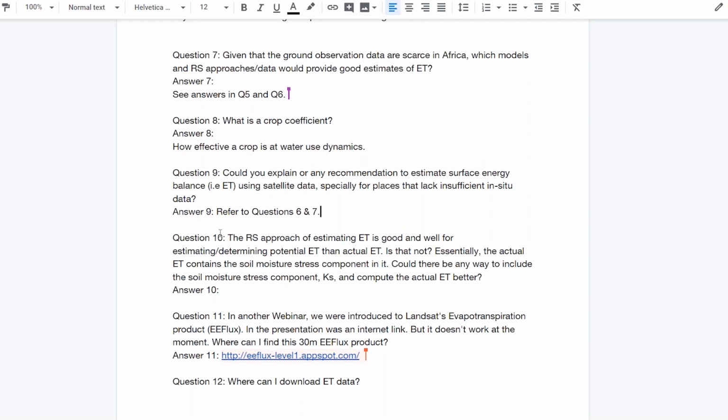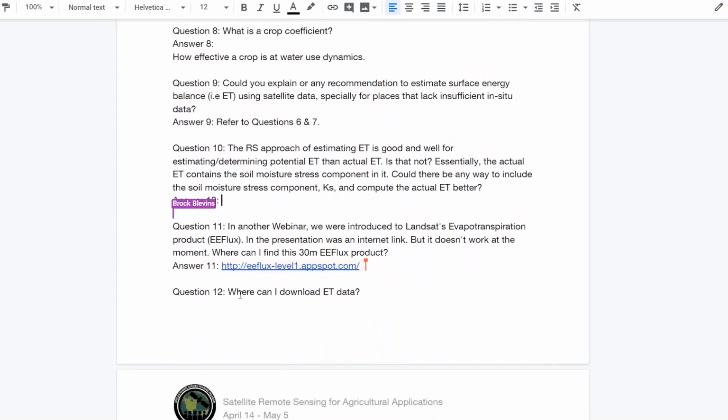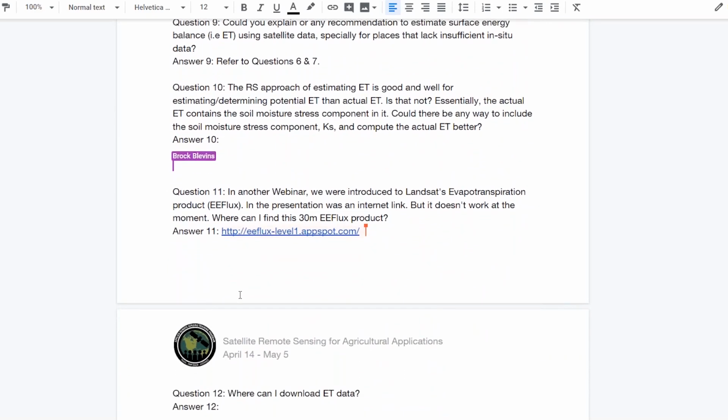Great. Question 10: the remote sensing approach to estimating ET is good for estimating potential ET rather than actual ET, is that not so? Essentially, actual ET contains the soil moisture stress component. Could there be any way to include the soil moisture stress component, Ks, and compute actual ET better?